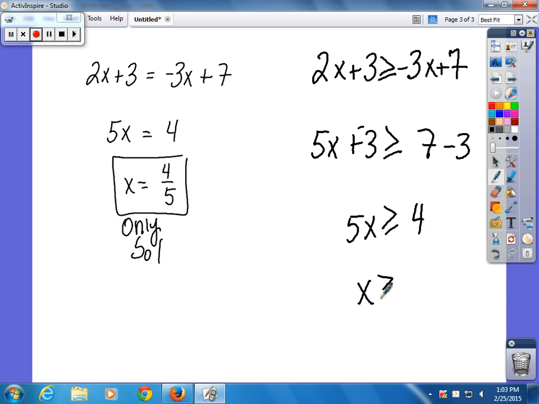X is greater than or equal to 4/5. Now, where this is just one solution to make this equal, this is a number of solutions that makes this true. This makes it equal. This makes this true.